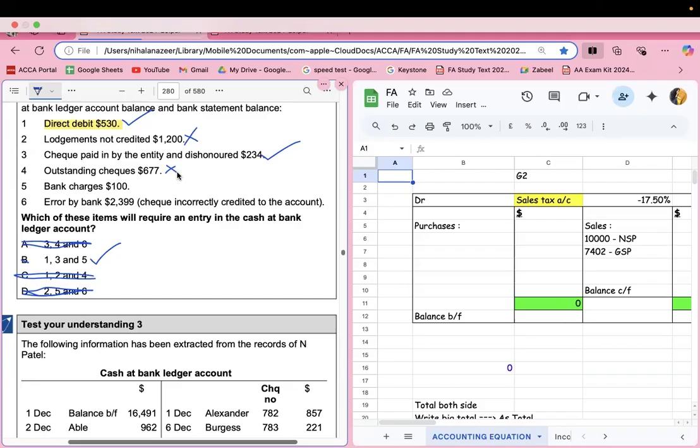That's what we just discussed, right? Now, bank charges go directly from the bank. That means it's unrecorded in the bank ledger account, and any unrecorded items would be adjusted in the bank ledger. An error by the bank needs to be adjusted by the bank itself. So 1, 3, and 5 is the option, which means option B.